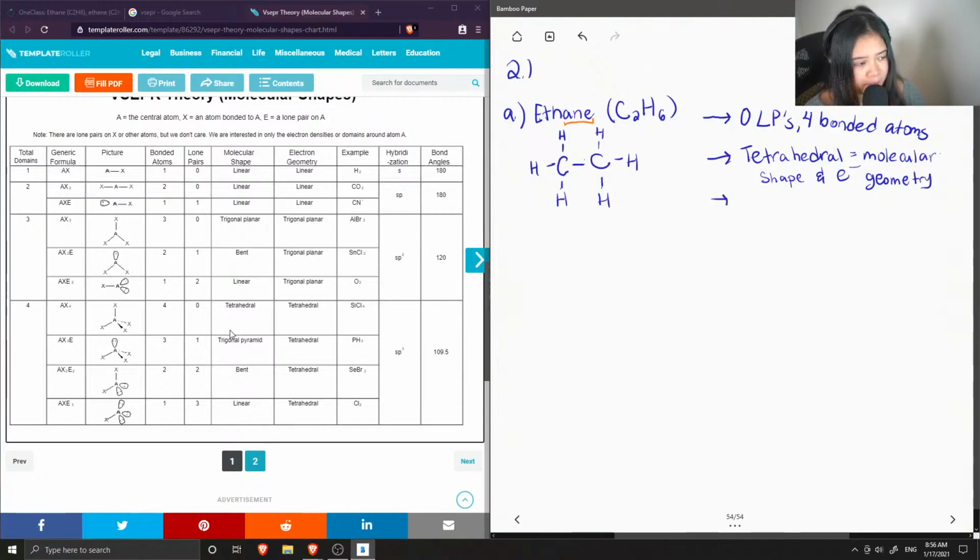And the type of hybridization is called sp3 hybridization.